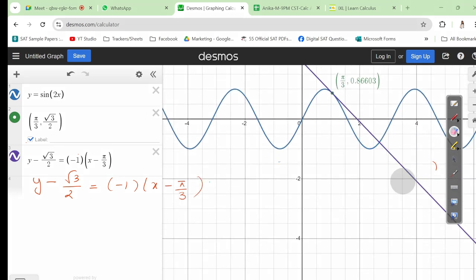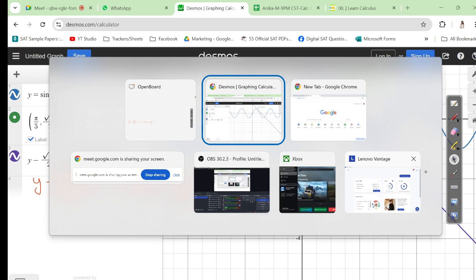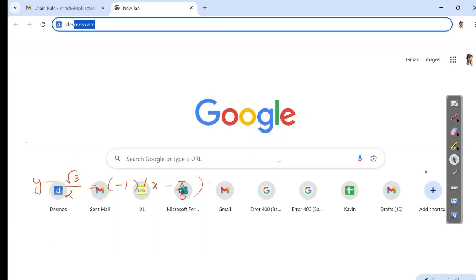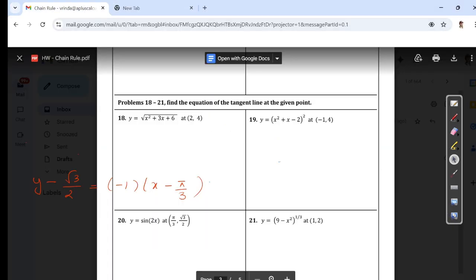So in the questions from 18 to 21, this is what you have to do in all the questions.